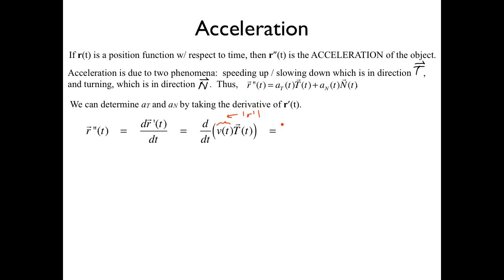If we're going to take the derivative of that, we have a scalar function of t times a vector function of t, both functions of t, and we're taking the derivative with respect to t. So what do we need to use? Product rule. This is going to be the product rule, the derivative of two functions of t. So here's what it looks like: derivative of the first times the second plus the first times the derivative of the second.